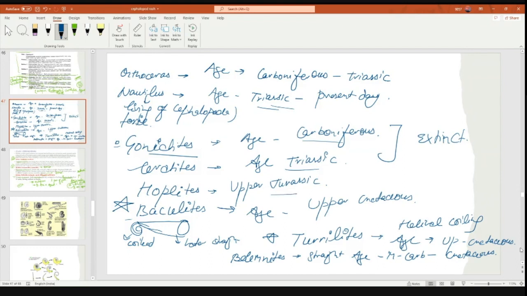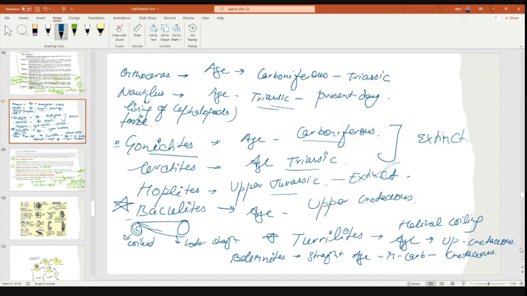Hoplites, which is Upper Jurassic. This one is also extinct. Baculites, also extinct, and Upper Cretaceous. Turrilites is present till now. These are the helical coiling and Upper Cretaceous.